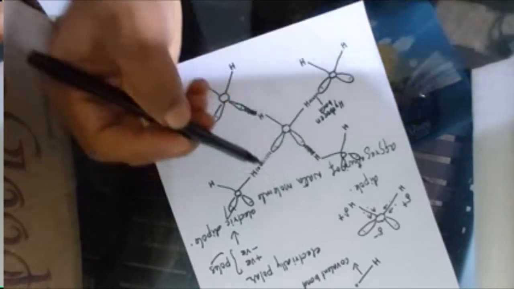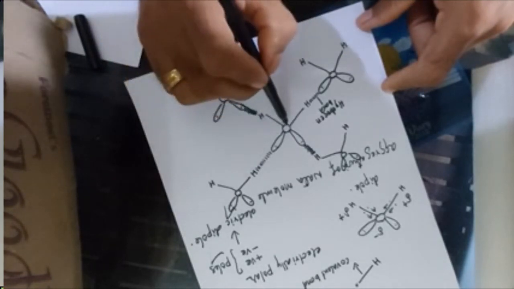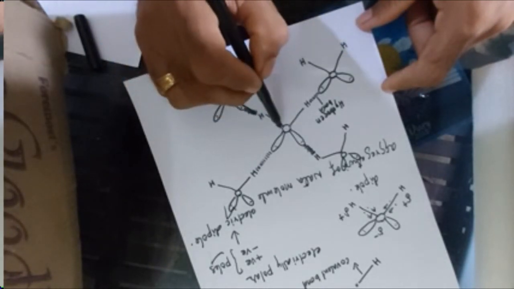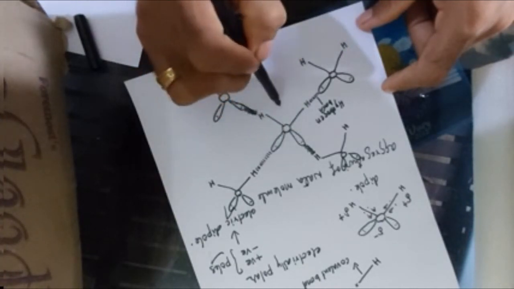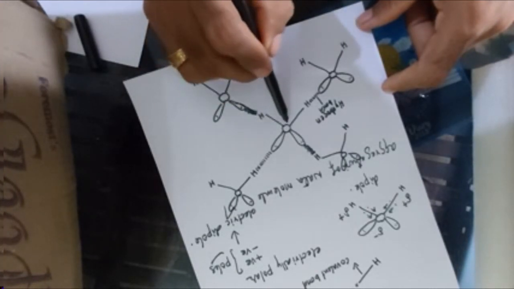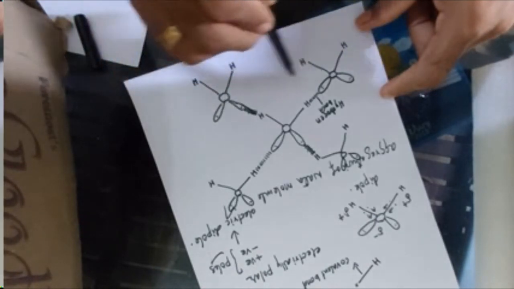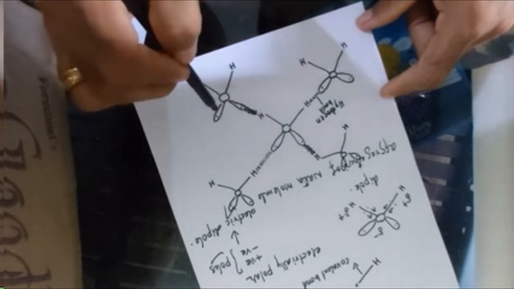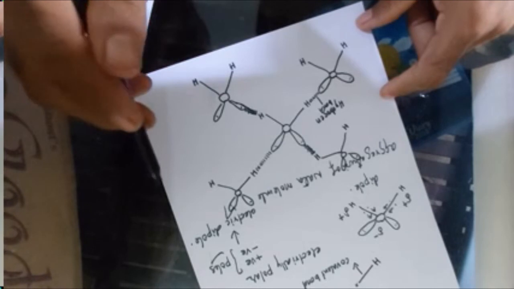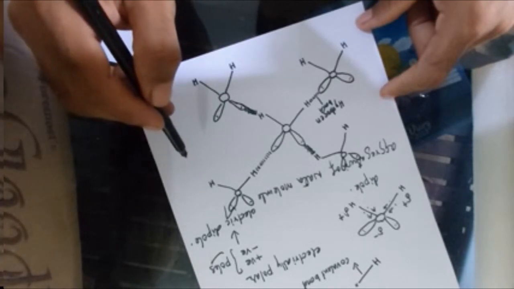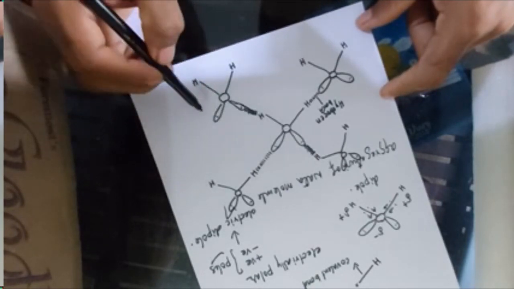So four hydrogen bonds are formed with the central water molecule. This is called a supermolecule, an aggregation. The central water molecule is hydrogen bonded with the four surrounding water molecules. This way each water molecule joins with so many other water molecules, and thus the aggregation of water molecules is formed.